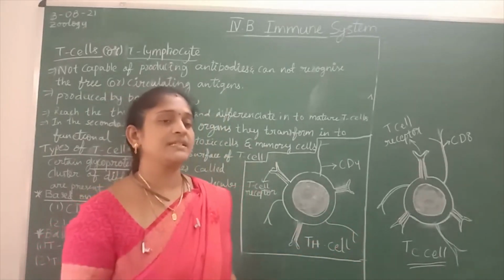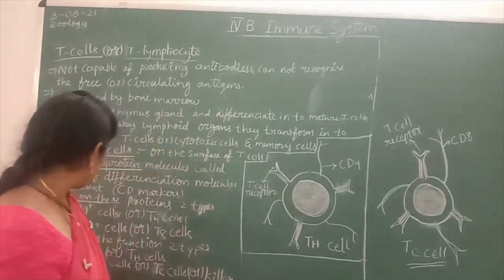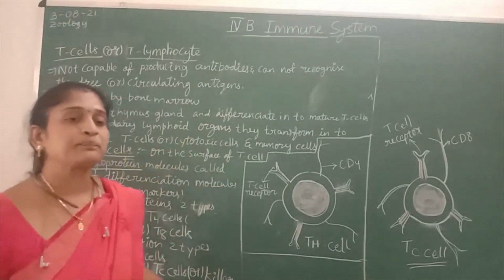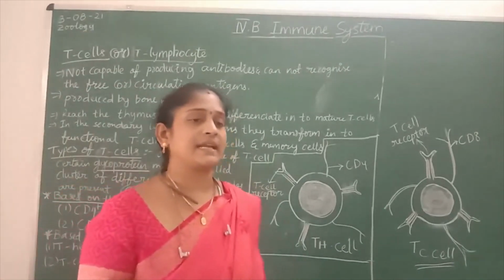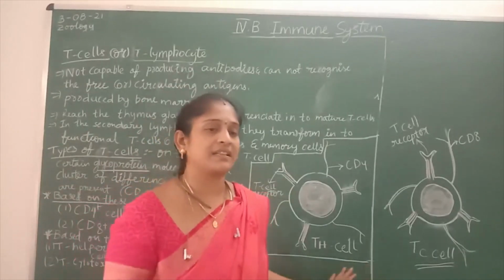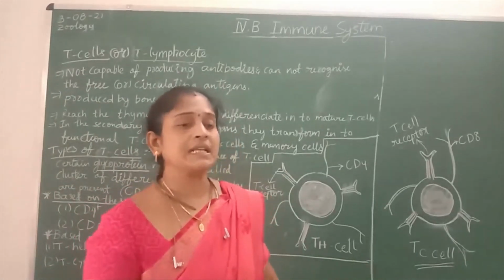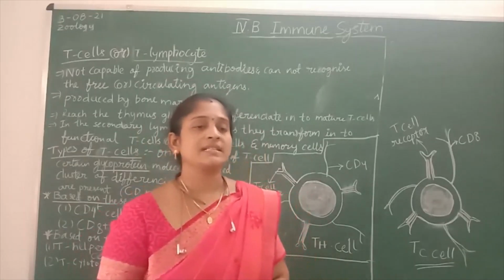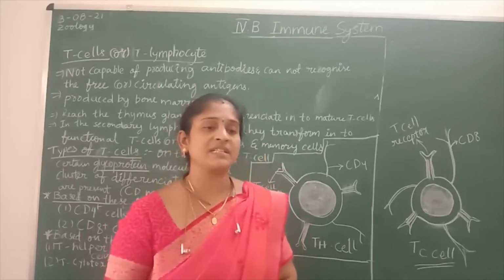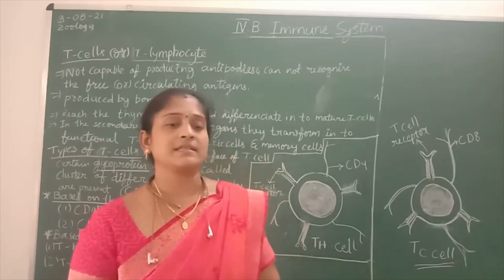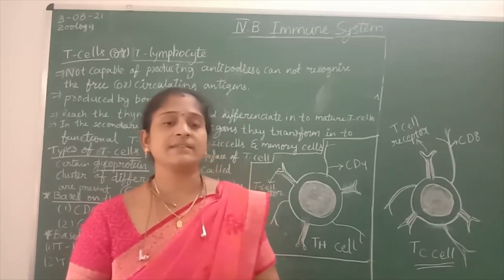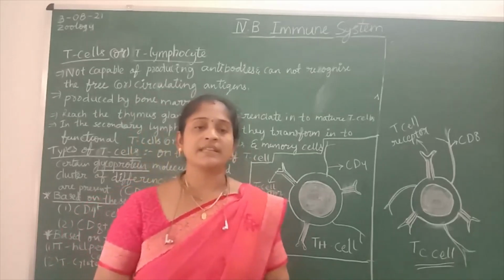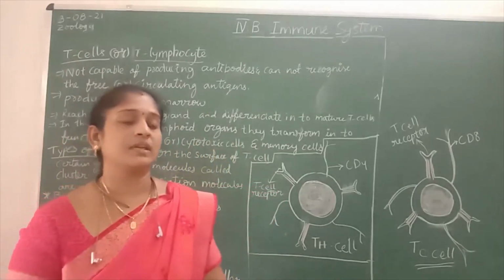So the next one is cytotoxic T cells, otherwise known as killer cells. These are CD8 plus cells, and they can recognize the antigen presented by the APCs.